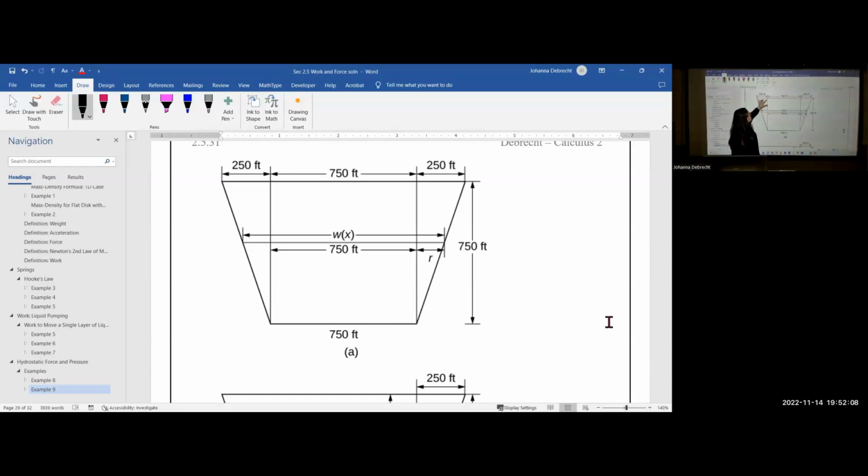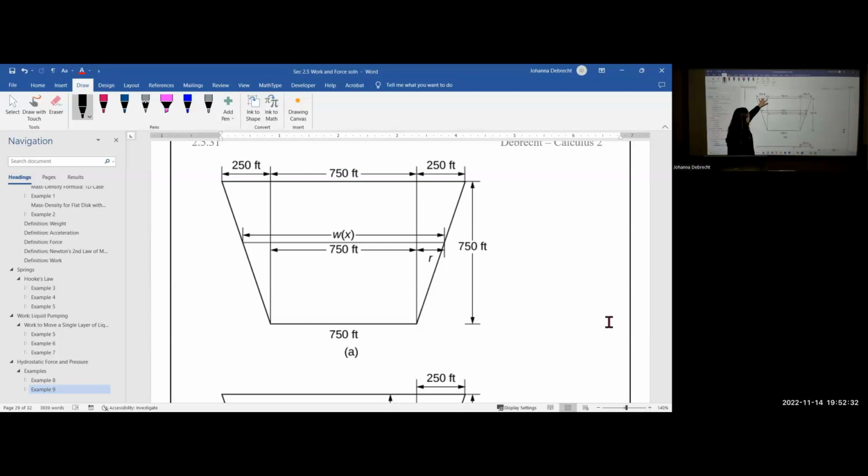That gives us two right triangles on either side, and they're the same because it's an isosceles trapezoid. This is going to be 250 feet, because after I take the 750 and subtract from 1,250, I get 500, and they're symmetric. So this is 250 and this is 250. Not all trapezoids are symmetric, but if it's isosceles, it is.